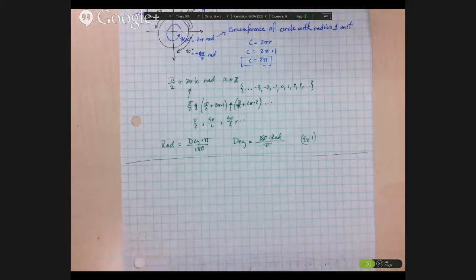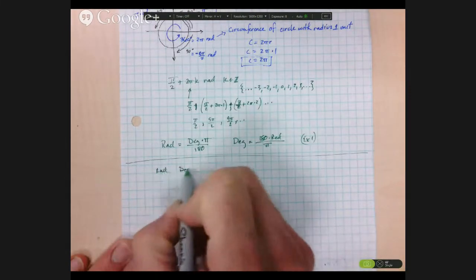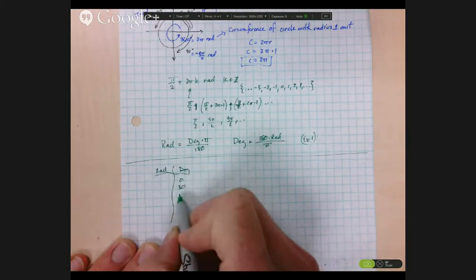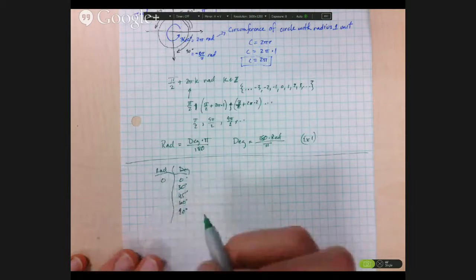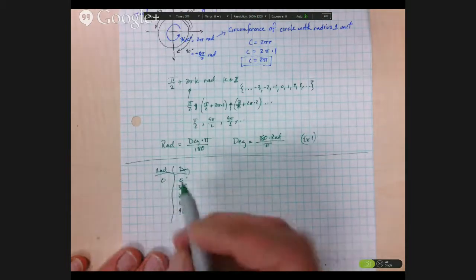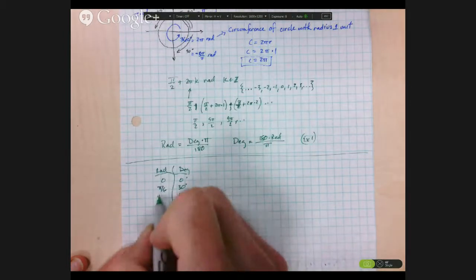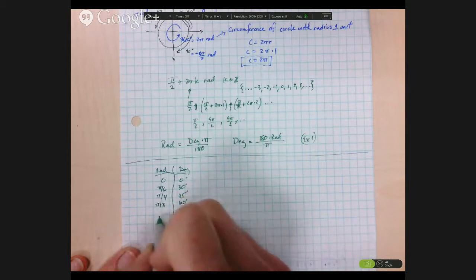There are some popular angles that you should know. Just have them memorized, at the bottom of page 25 in your book. It will make your life a lot easier. 0 radians is 0 degrees. 30 degrees is pi over 6. 45 is pi over 4. 60 is pi over 3. 90 is pi over 2.